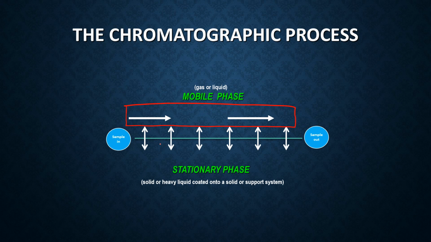The components that interact less with the stationary phase and are dissolved more in the mobile phase will migrate faster through the chromatogram in paper chromatography, and they'll migrate fast through the column in column chromatography.